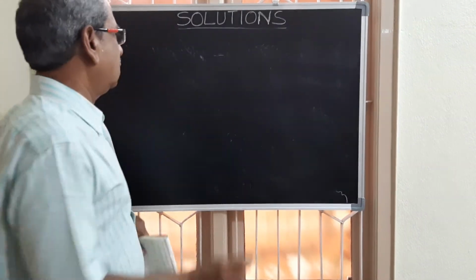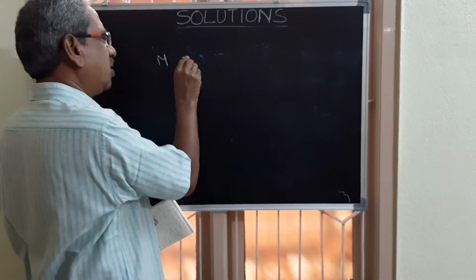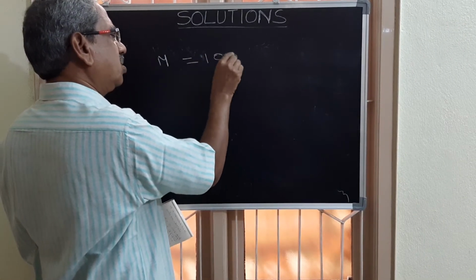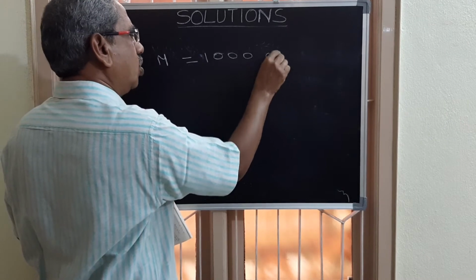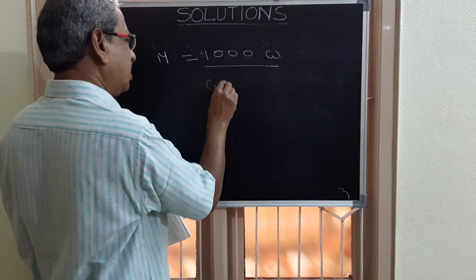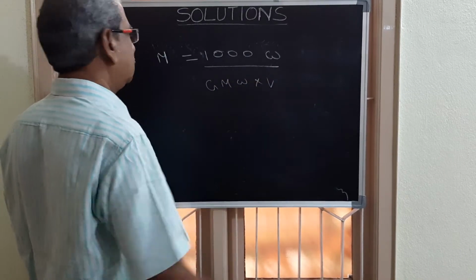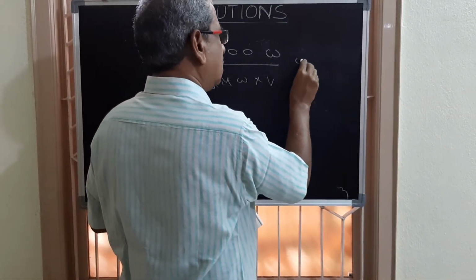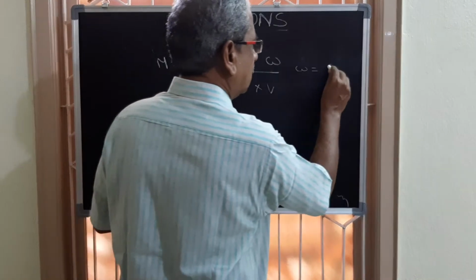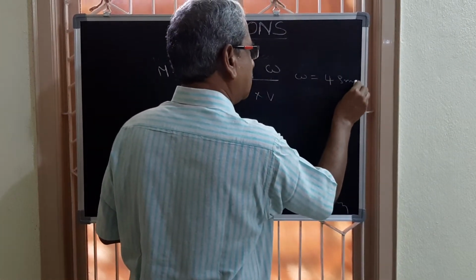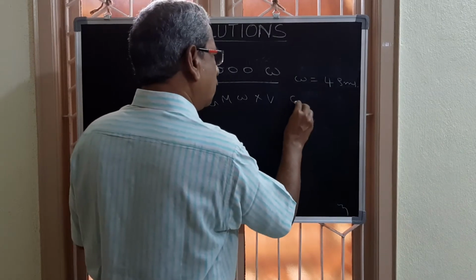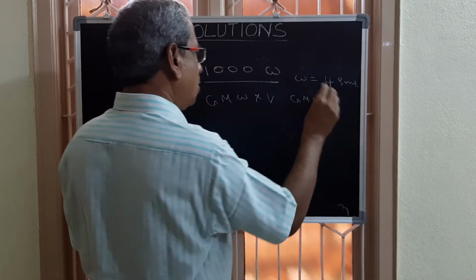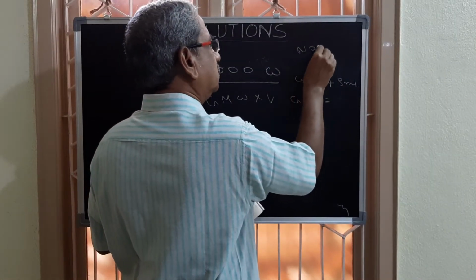The formula to calculate the molarity M is equal to 1000 W by GMW into V. W is equal to weight of the solute in grams, that is 4 grams. GMW is equal to molar mass of NaOH.